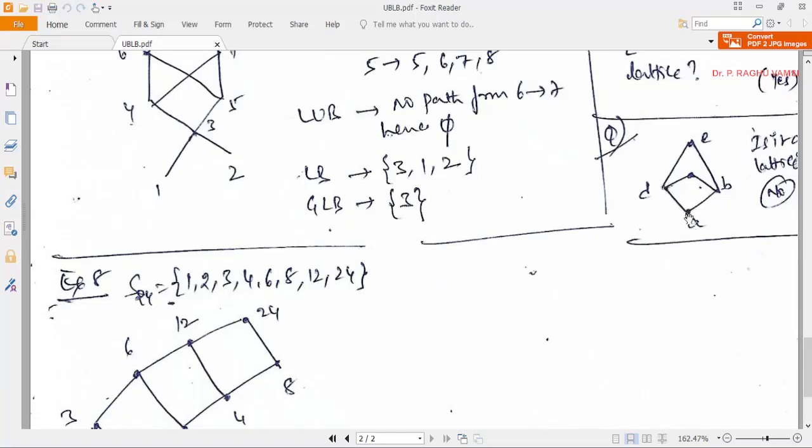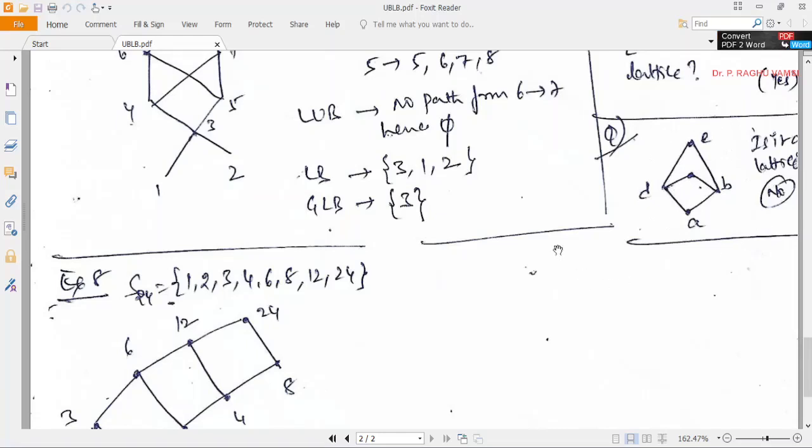If you take the pair D comma A, for A we don't have any element below it, and for the upper bound we have D, E, B. Here assume that there is another element called F. But from F to E there is no connectivity, so it will give you non-determinism, that is, from which path we are supposed to reach so that we can have the pair F and E. Here there is no path between them, so we may get an upper bound, but we will not get the lowest upper bound.